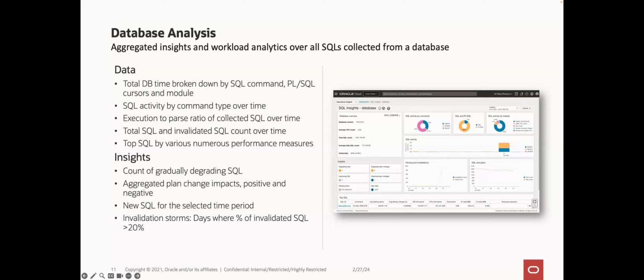Insights include aggregate impact of plan changes, degrading SQL, new SQL, and cursor invalidation storms. All in all, it helps aggregate SQL anomalies and characterize SQL workloads at the database level by showcasing widespread cursor invalidation events, workload decomposition by command type, module, and cumulative impact of plan changes and cursor sharing issues.